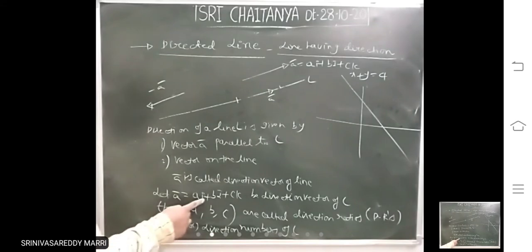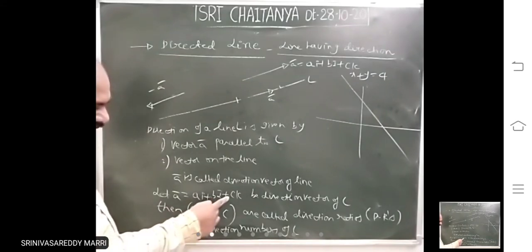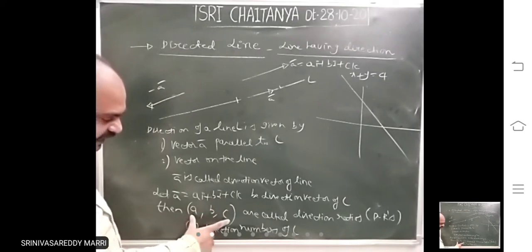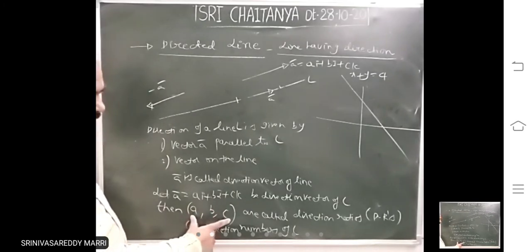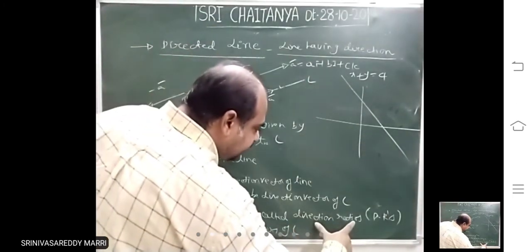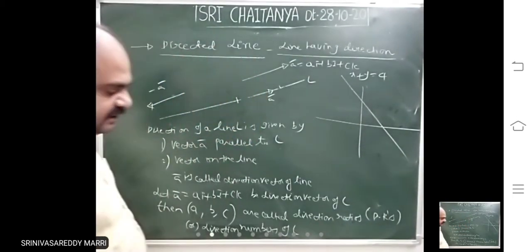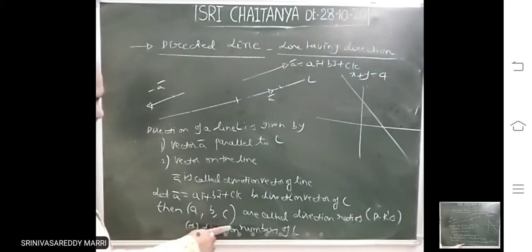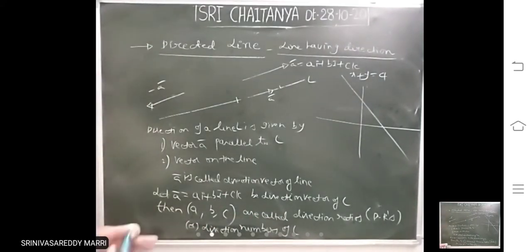A vector is there, you write the I coefficient, the J coefficient, and the K coefficient. If you write these three numbers A, B, C, they are called direction ratios, DRs, or direction numbers of L.